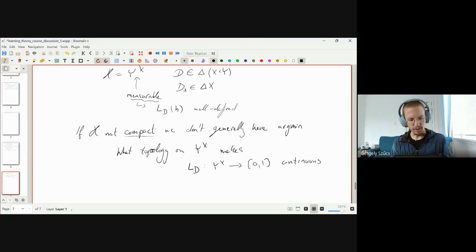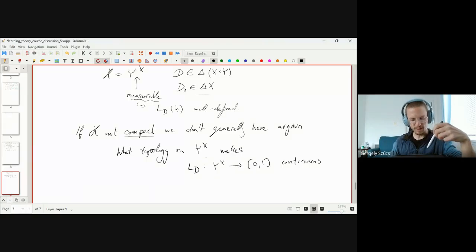So maybe there isn't a single topology. Yeah, but I mean, there's a few different ways to go about it. You can either fix D first, which turns X itself into a probability space, which comes with a sigma algebra of measurable sets, and then you can talk about the measurable functions with respect to that sigma algebra.